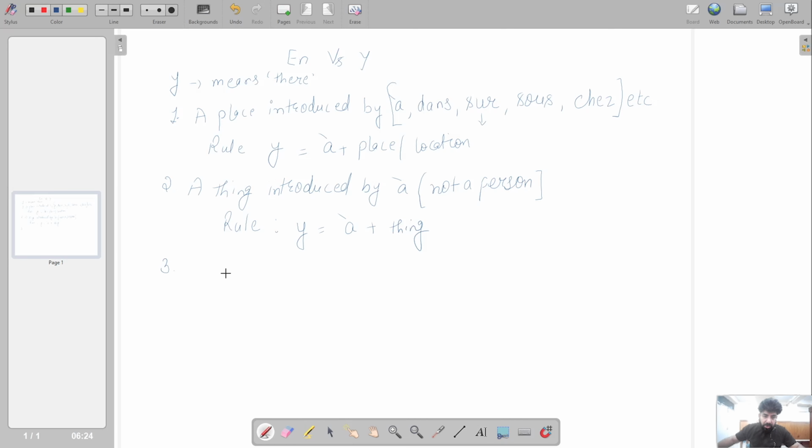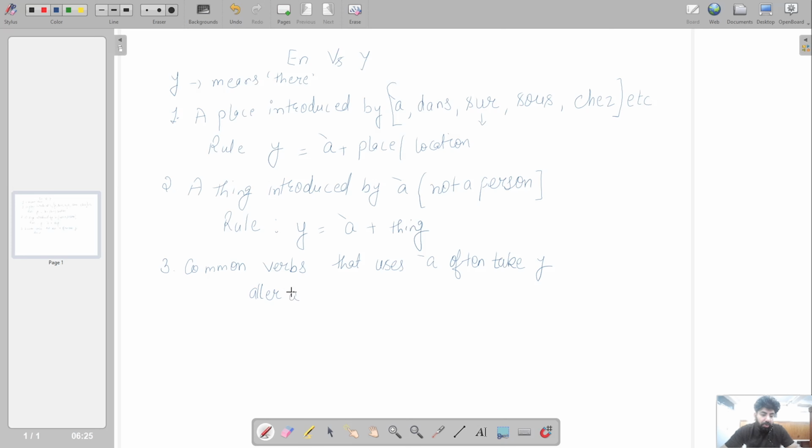Then comes the third rule, and this is going to actually help you a lot in these kind of questions. Okay, there are some common verbs. So I'll just write common verbs that use à, often take y. Okay, so it goes like this.